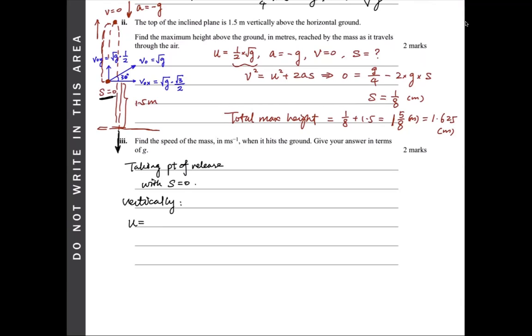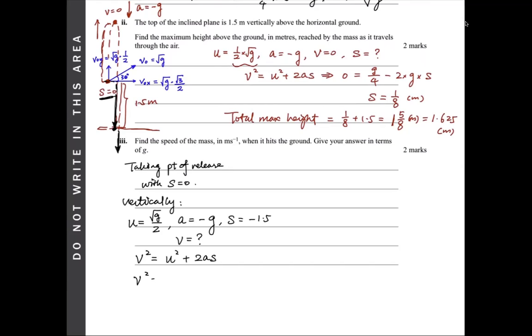Vertically, we have u equals half root g, okay? Acceleration is minus g, isn't it? And s now, because if we think about the relative position relative to the start point, we can say this is minus 1.5, okay? So the only thing we don't know is v. We can still use v squared equals u squared plus 2as.